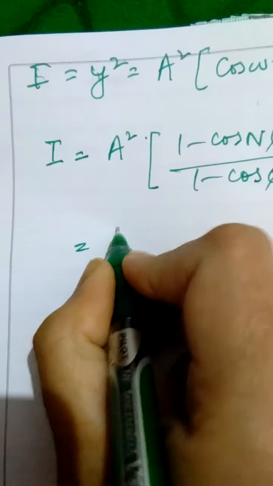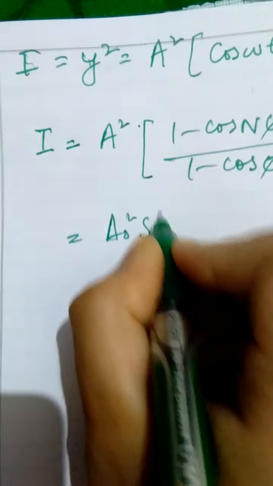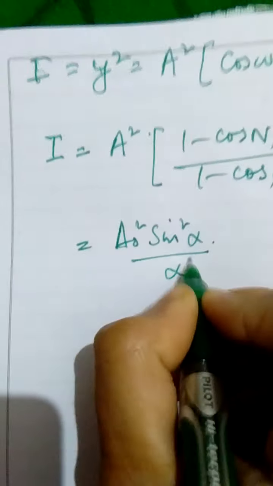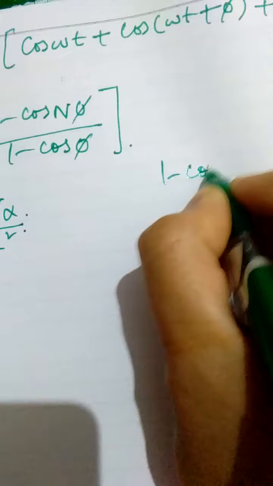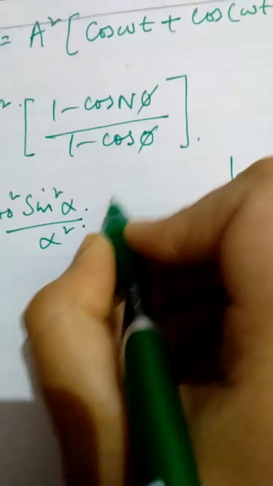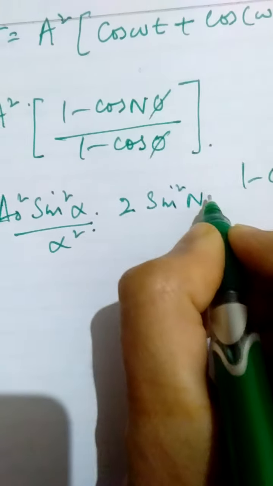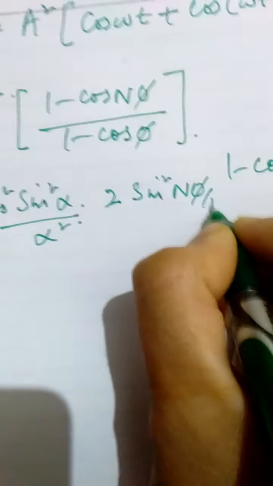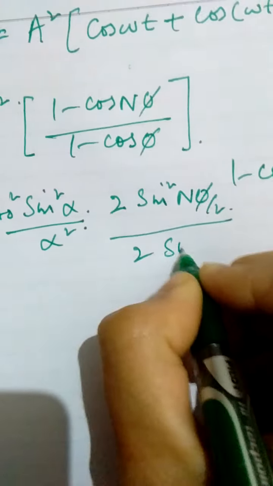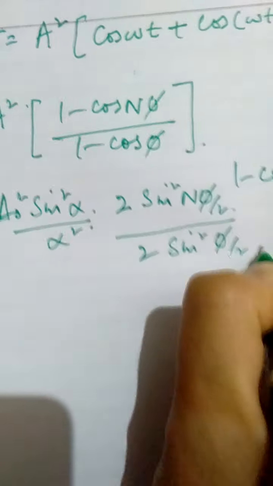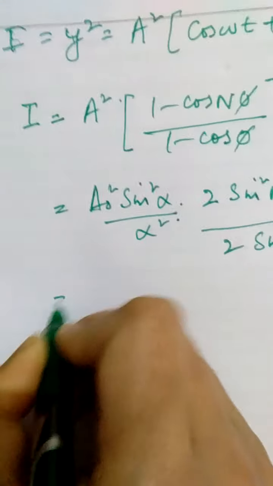right? So for this A, you can substitute the value that it is A naught square sine square alpha by alpha square. For this, you can write that 1 minus cos theta is equal to twice sine square theta by 2, right? So this is twice sine square (n phi by 2) by twice sine square (phi by 2), right?